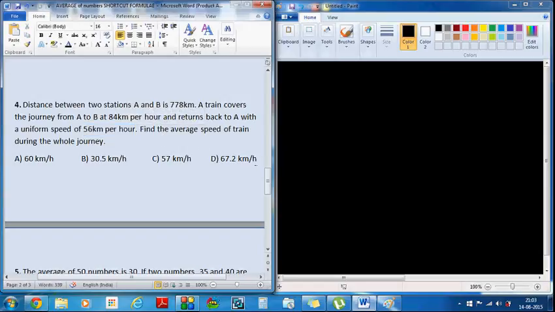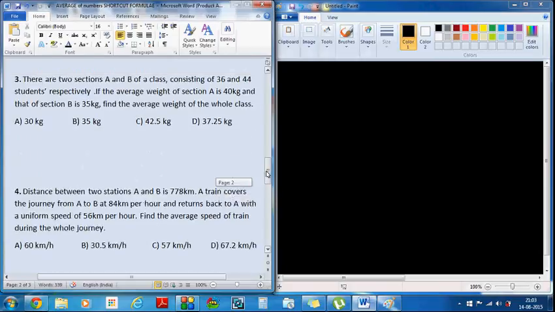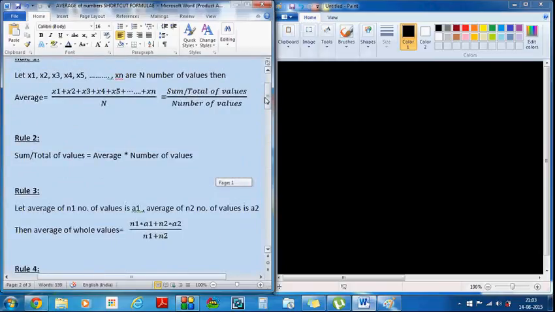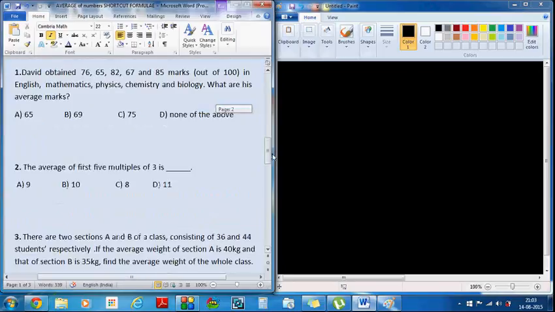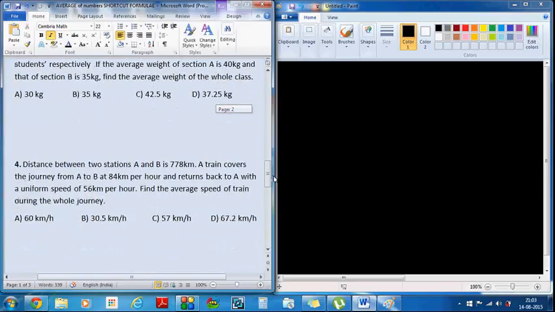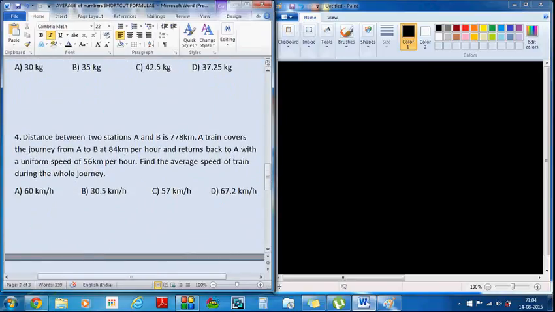Now when the distance is the same, we can apply this formula: if equal distance is traveled at speeds x and y, the average speed is 2xy by x plus y. Here the speed of the train is 84 while traveling from A to B, and while traveling from B to A the speed is 56.